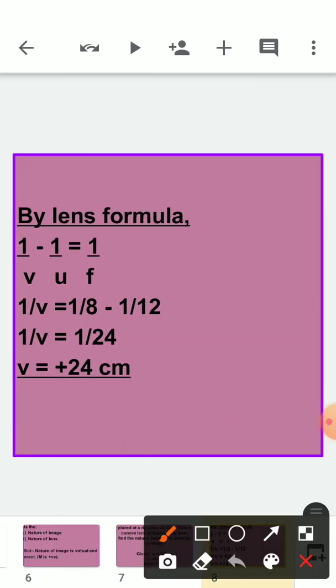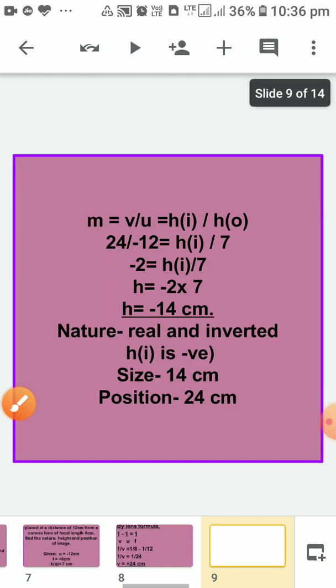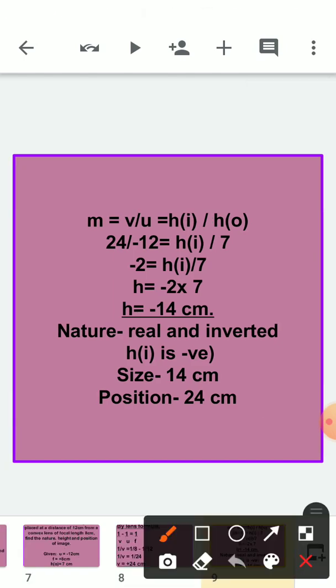Now by the lens formula, we already know that 1 by V minus 1 by U is equal to 1 by F. By putting the values, we get V as 24 centimeters. Now magnification. Magnification has the formula V by U, that is equal to HI upon HO.